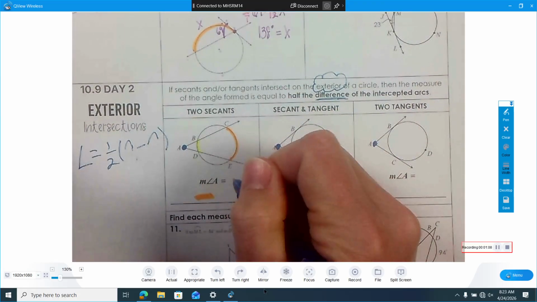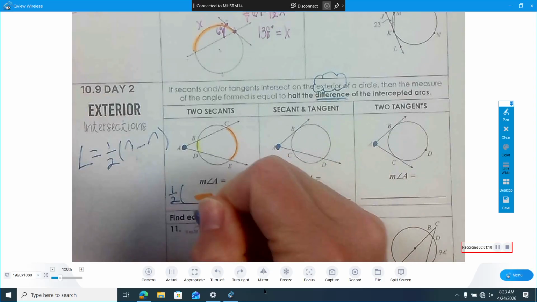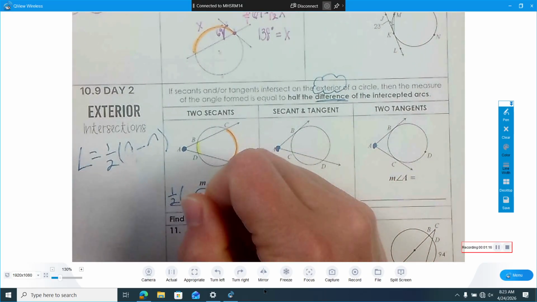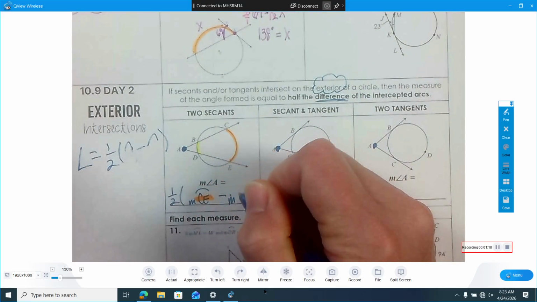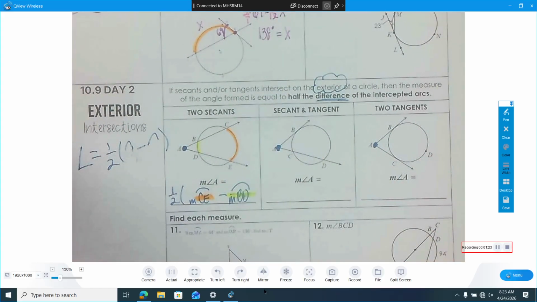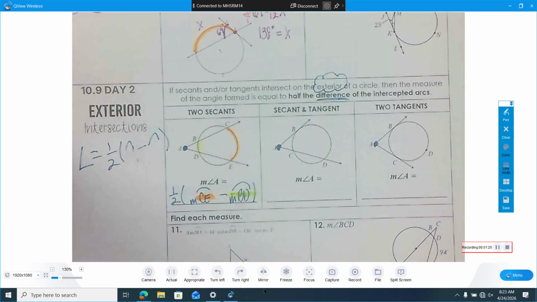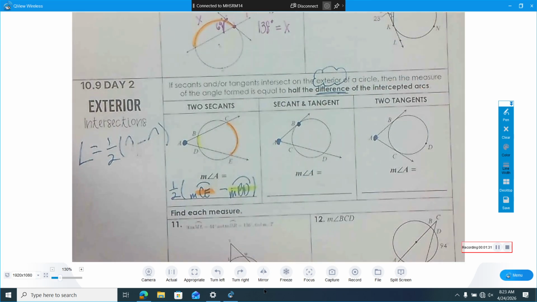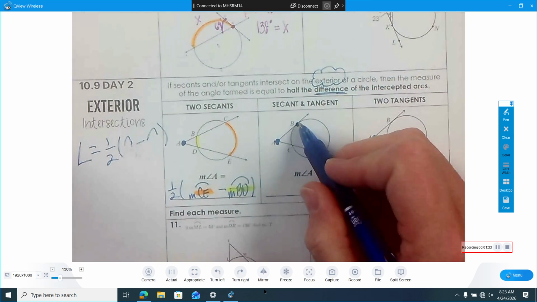So the measure of angle A equals 1/2 of the measure of arc CE minus the measure of arc BD, which is the near arc. So far minus near. On this one, it looks a little different, but we do have a nice little tangent line right there. So the tangent is touching the circle.